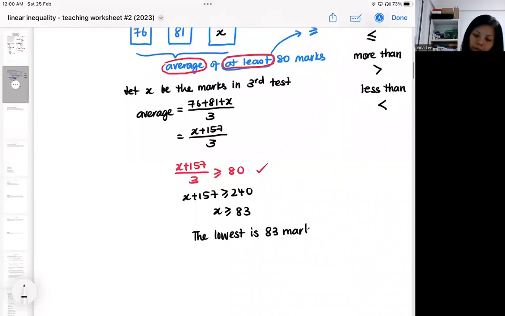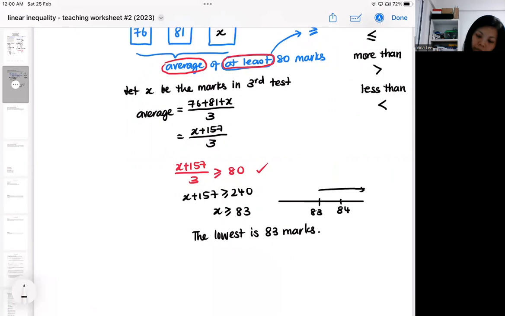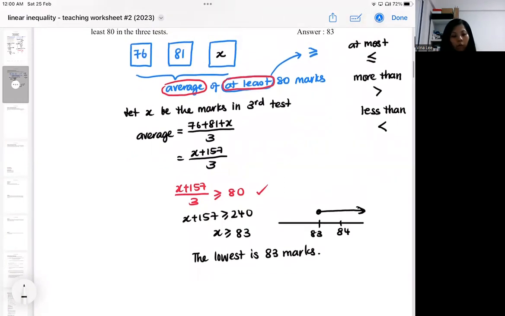If you couldn't tell from the inequality, you draw your number line. If you draw with the number line, there should be a black circle at 83. So the lowest mark is 83. Okay, so you do as usual.